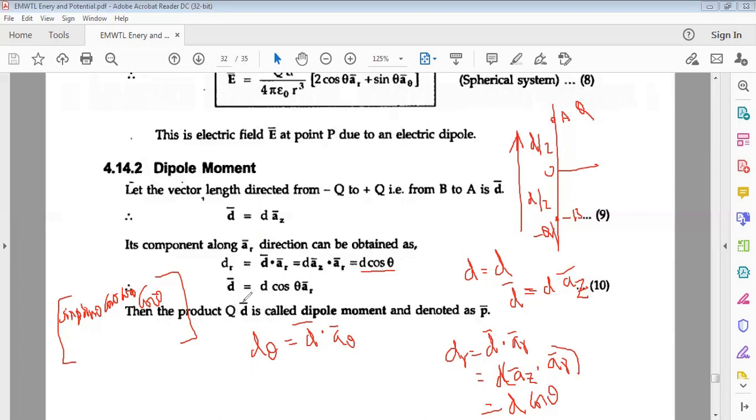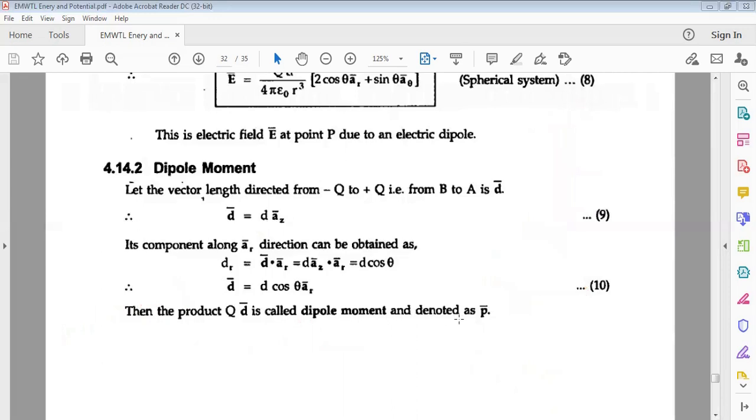Then the product q d bar is called the dipole moment, and it is denoted by P bar. Got it, my dear students? So q d bar is called the dipole moment.